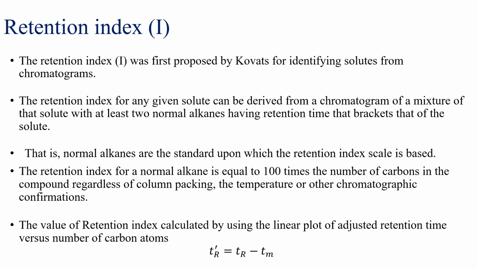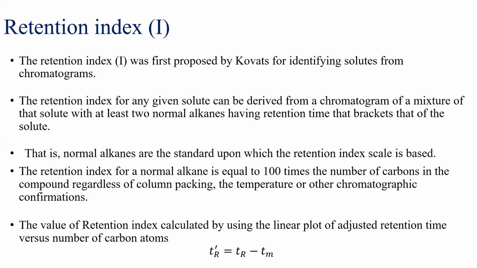It was proposed by Kovats for identifying the solute from chromatograms, and it is represented by the symbol I. The retention index for any given solute can be derived from a chromatogram of a mixture of that solute with at least two normal alkanes having retention times that bracket that of the solute.